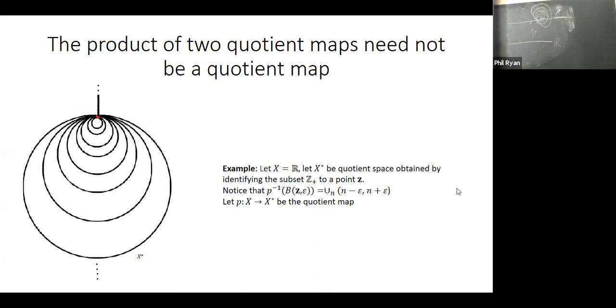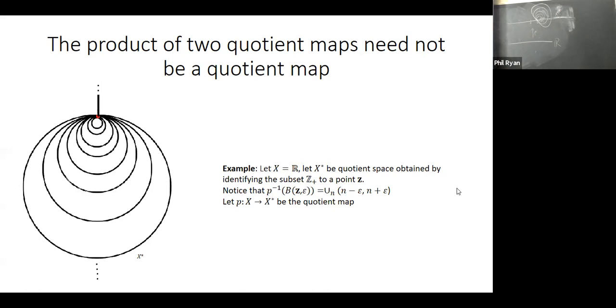P is going to be pretty standard, right? It's the identity on this section here, and it sends points between 1 and 2 to those points there.